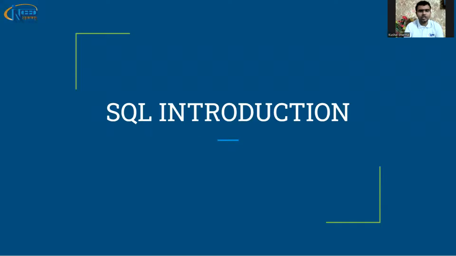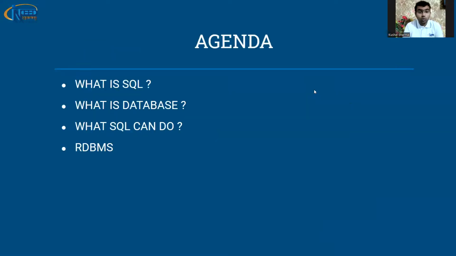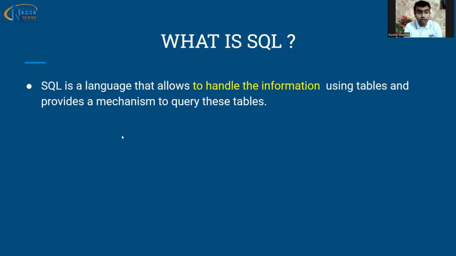Let us start with the SQL introduction. So what is SQL? We'll be seeing what is database, what SQL can do, and what is RDBMS. SQL is structured query language. This is also called as SQL. This is used to handle information, and this information is present in the form of tables.